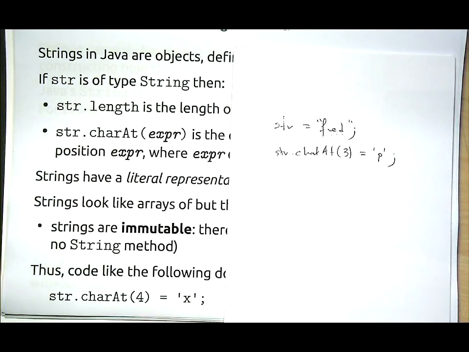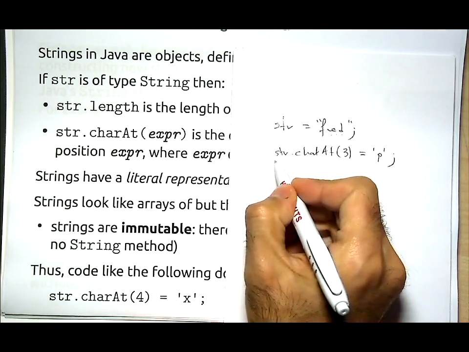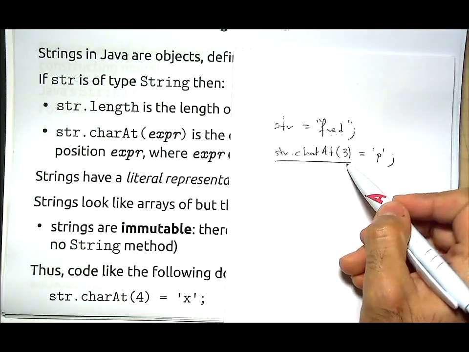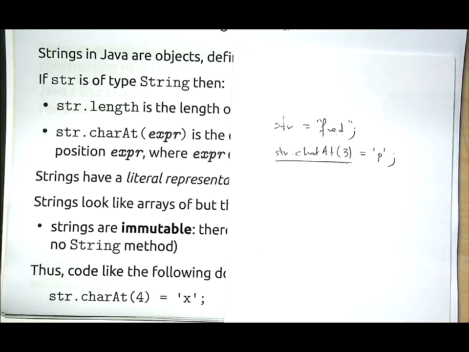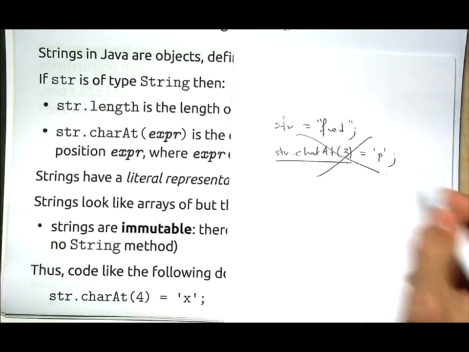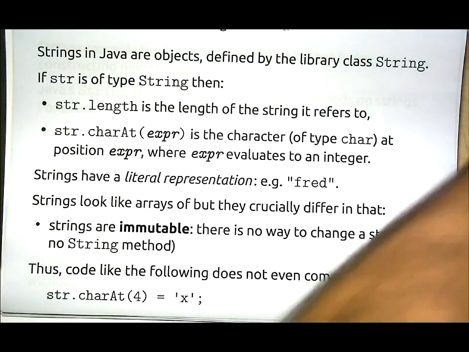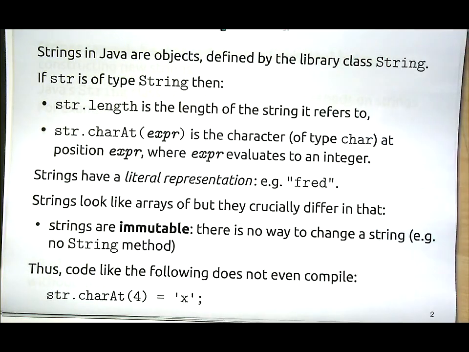The result is that this will not even compile, because you're calling a method that returns a value, and you cannot have a method that returns a value on the left-hand side of an assignment; you need a variable. So this is bad code. It wouldn't even compile. The moral here is that strings are immutable. You cannot change the contents. Okay?